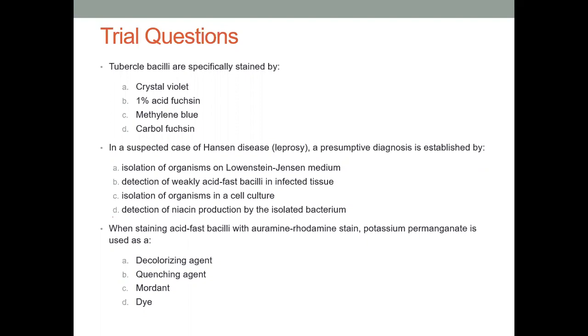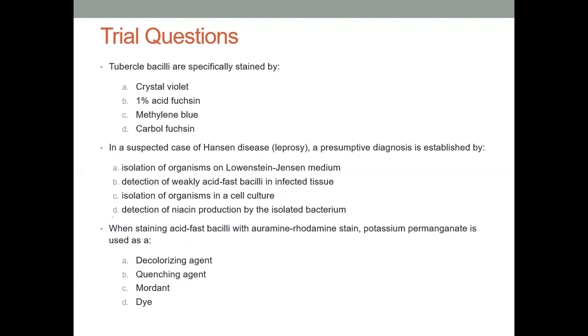Remember, I've said that the primary stain, which is the carbol fuchsin, enters the organism because you apply heat, and the heat will help it to enter the organism. And remember, that's why in Ziehl-Neelsen stain, the heat is regarded as your mordant. The mordant is your supporting agent.